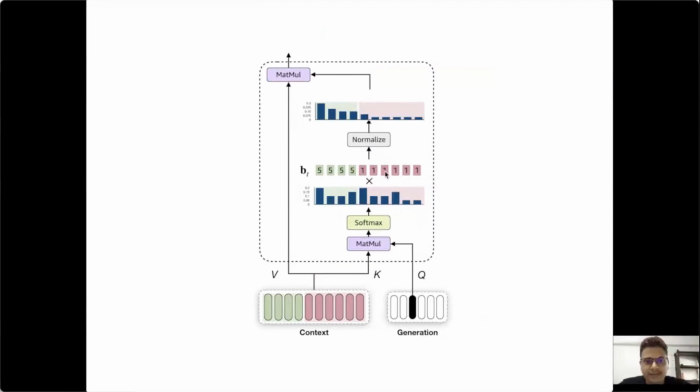The idea here is that this bias vector can emphasize different parts of the context based on the logical groupings of the context. In respect to our application, these logical groups are basically knowledge and dialogue terms. And we have a subscript T here, which represents the time step of the decoding. So say in this particular figure, the third token in the decoding or in the response is being generated. So this bias vector is for that particular token.